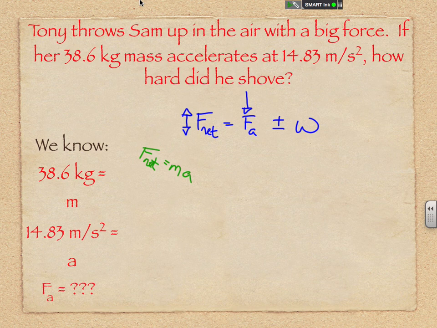And that would work out great if only I knew M and A. I do know M and A. That gives me 572 over here.